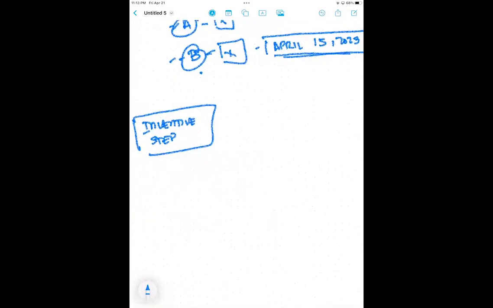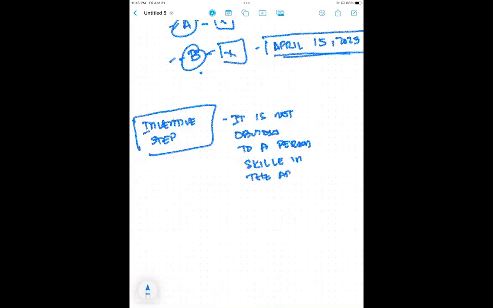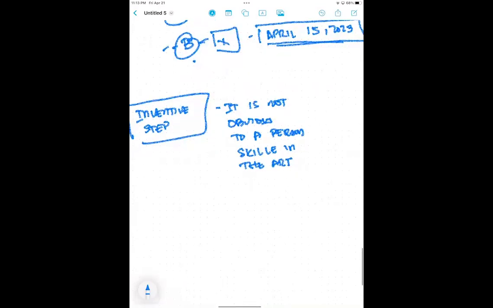Now, ano naman tong inventive step na to? An invention involves an inventive step if, having regard to a prior art, it is not obvious to a person skilled in the art. Okay? So in short, para mabigyan ka ng patent, dapat yung na-invento mo is something that is not obvious to a person skilled in the art.